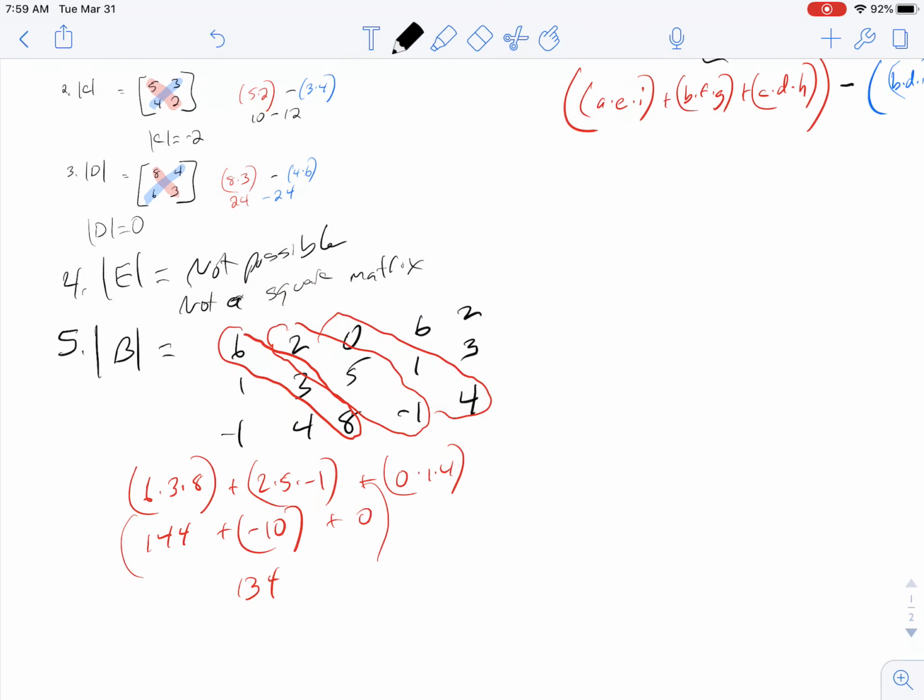Now we're going to subtract. Now we've got a second set, and I'll put those in blue. Start with 2 in the other corner. 2 times 1 times 8. So I'm going to put a big bracket. Then it's going to be 2 times 1 times 8. That would give us 16. Then it's going to be 4 times 5 times 6.